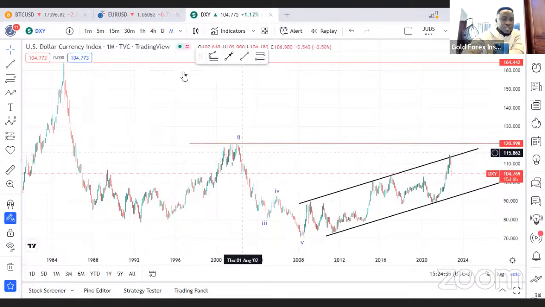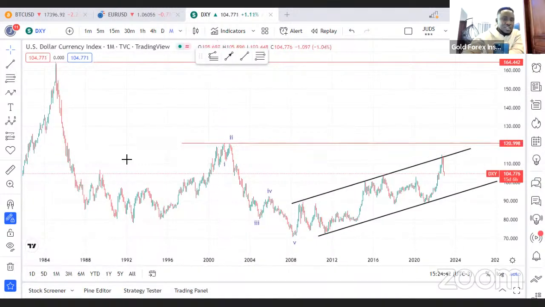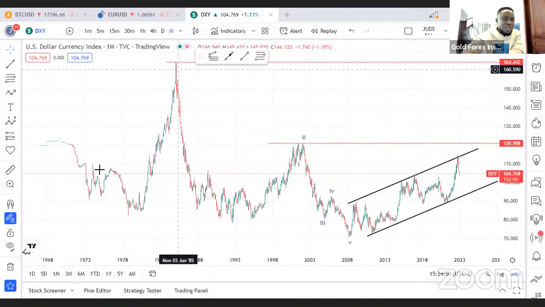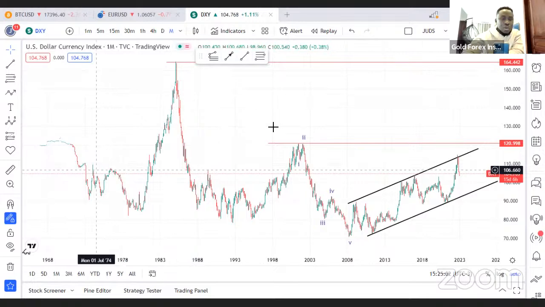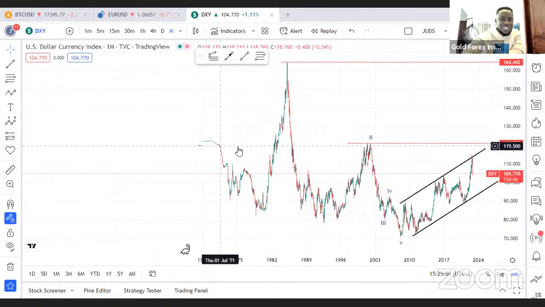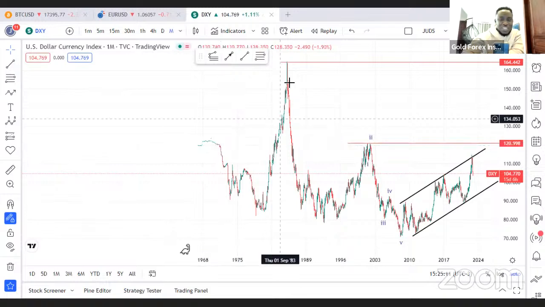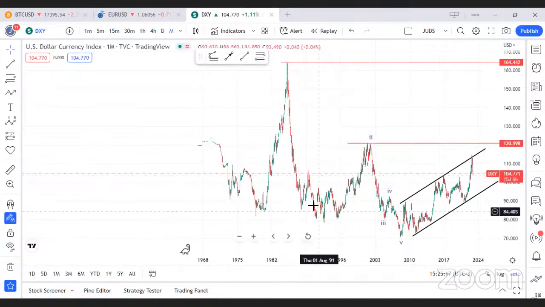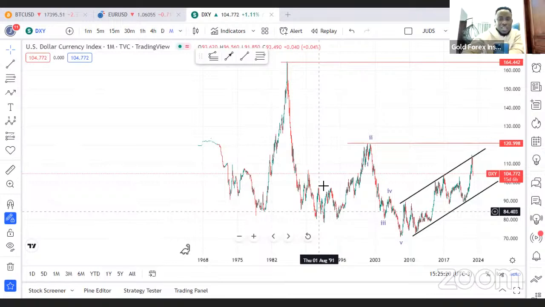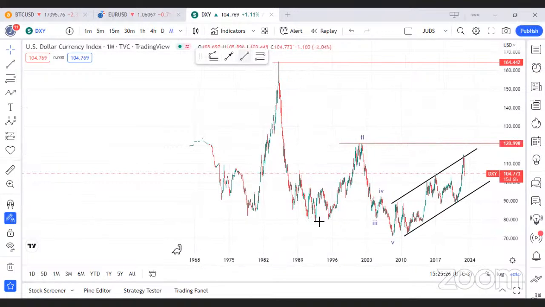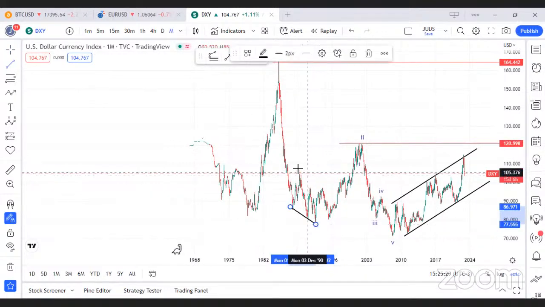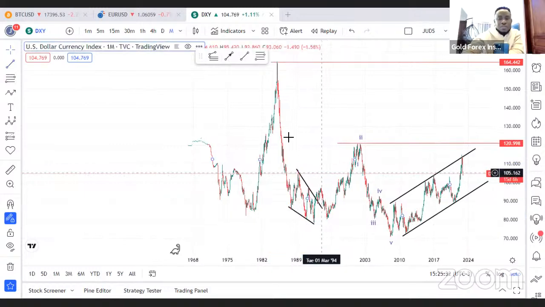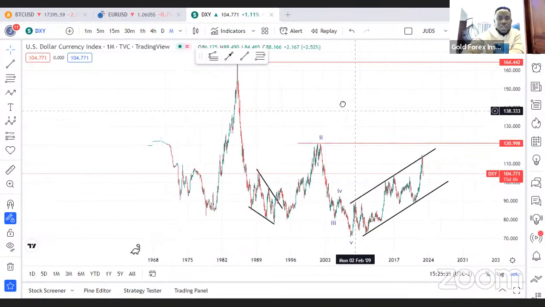That whole impulsive leg down was forming an ending diagonal, and it broke the structure where you have the two. So where you have the two was the break of market structure.